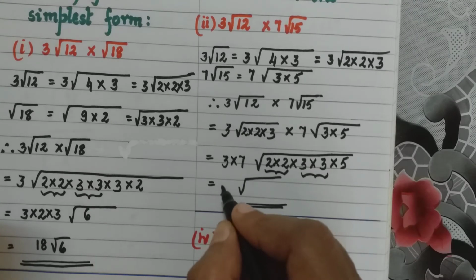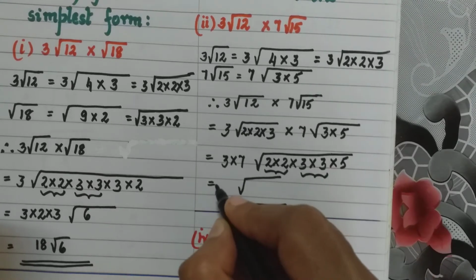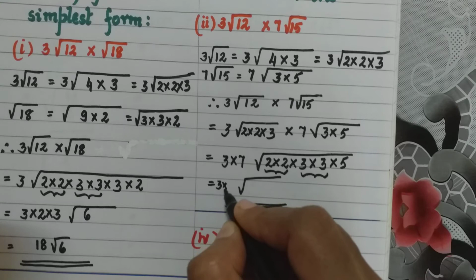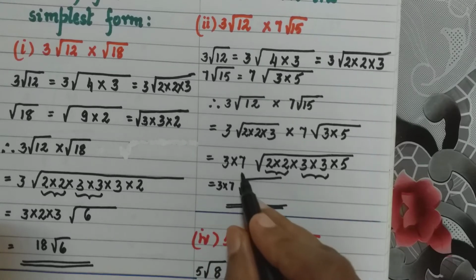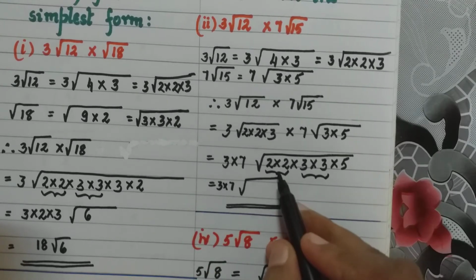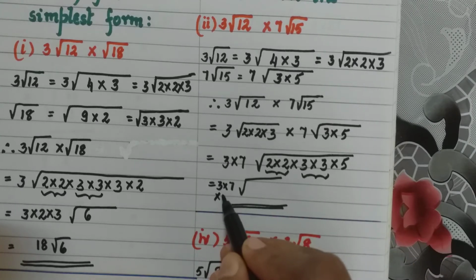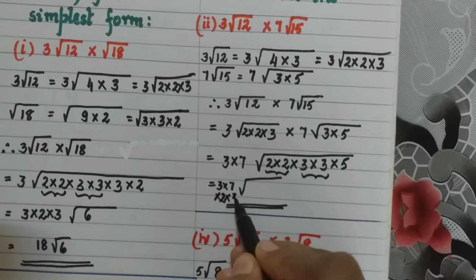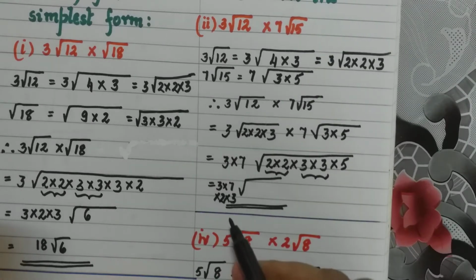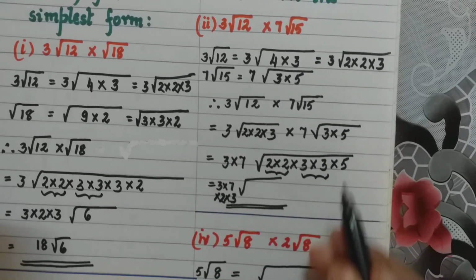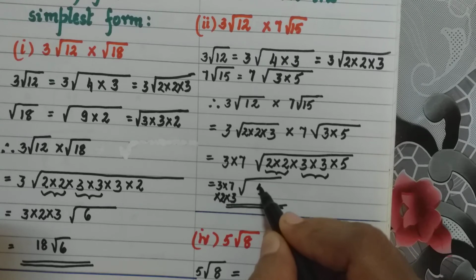So here what do I have to write? 3 into 7, which was already there. Then one 2 and one 3 also. So into 2 into 3. Now inside the root sign I have just 5.